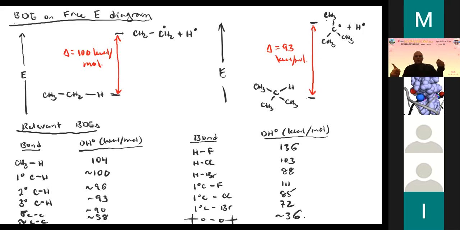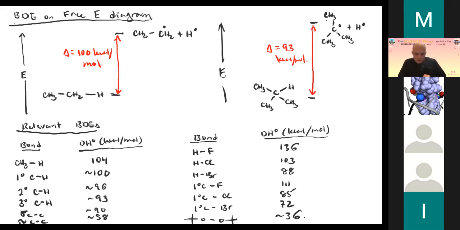The second thing that makes it useful is that I don't need to know anything about mechanism. I can just look at the starting materials and the products, look at what bonds are broken and what's made. And if I have access to those BDEs, which there are tables of all over the place, I can then do an approximate calculation of the overall enthalpy of the reaction. So it's very useful. But again, there's an important qualifier, which I'll come to in a second.